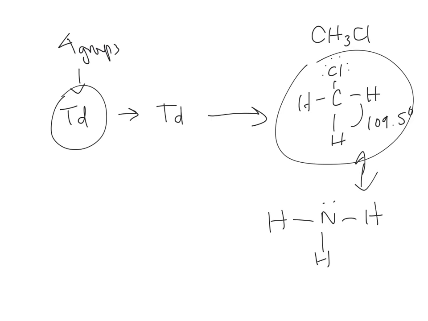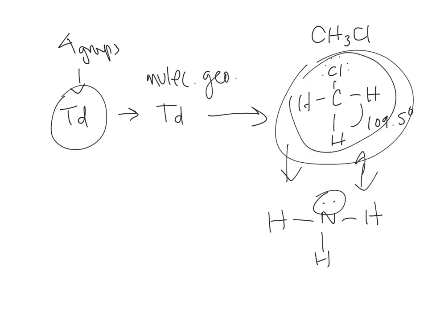However, the actual molecular geometry is going to be different because there is a lone pair here. So in this situation, I can go from one shape to another based on my understanding of the initial tetrahedral orientation. So in this case, instead of having a tetrahedral shape, this molecule is actually going to have a trigonal pyramidal shape.